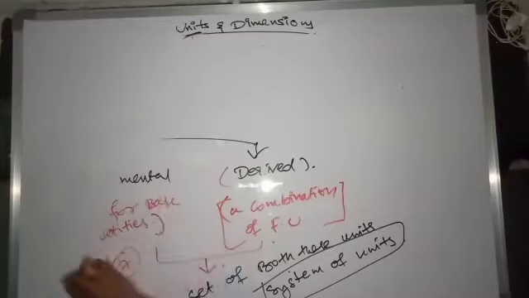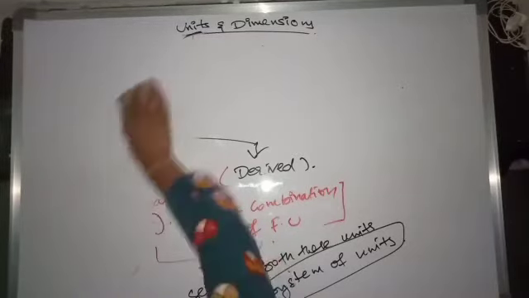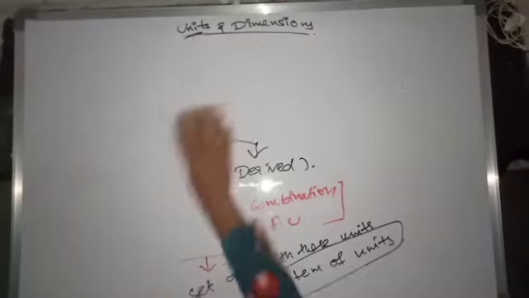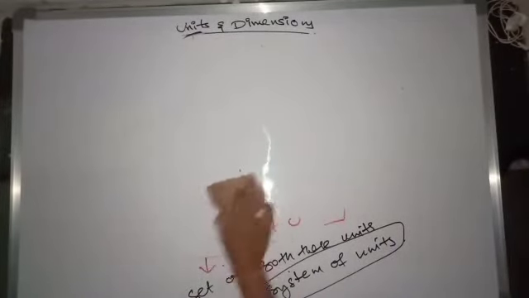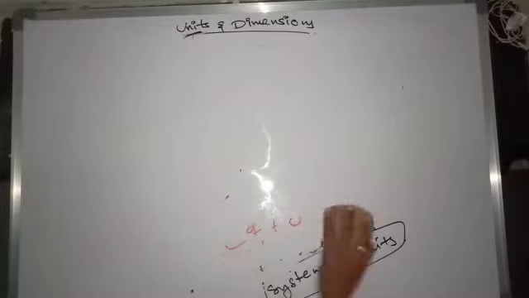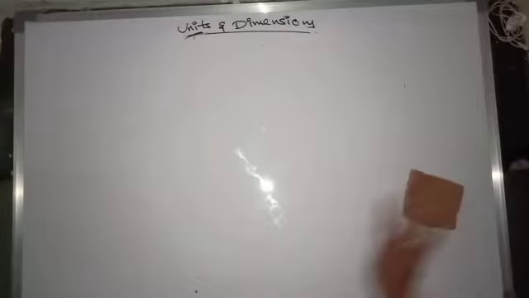In olden days, in past years, different scientists from different countries used different systems of units, and those systems of units are nothing but CGS, FPS and MKS.